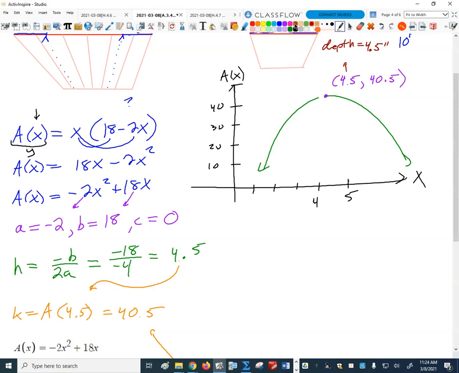And the 40.5 is telling us that the cross-sectional area equals 40.5 square inches.